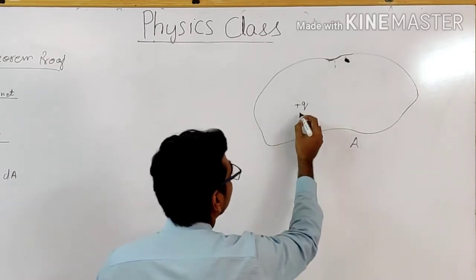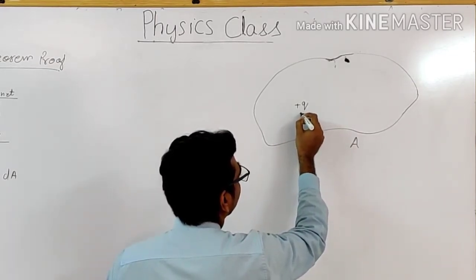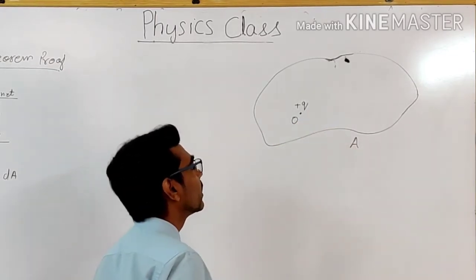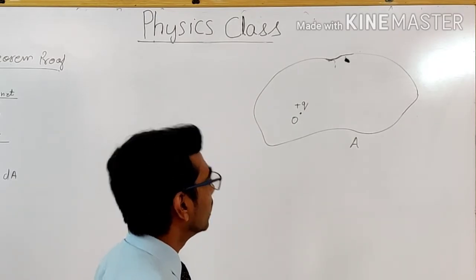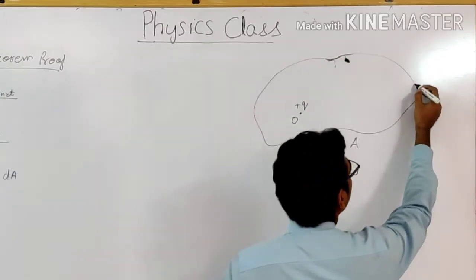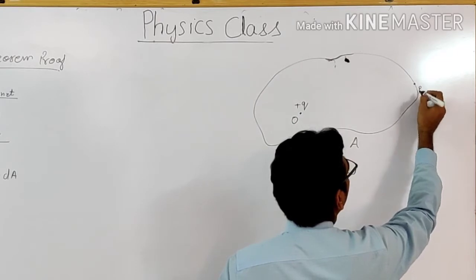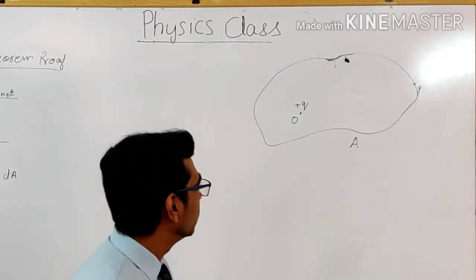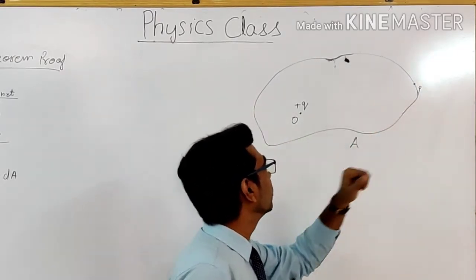Let the charge q be situated at a point O, and choose another point P here. For this point, we are going to apply the Gauss theorem.